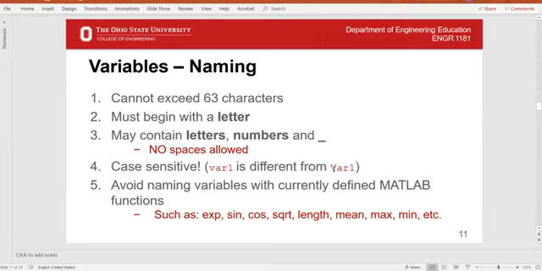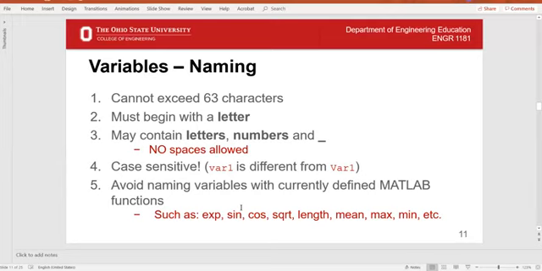There are also built-in functions in MATLAB that you need to avoid using when making your own variables, like exp, sine, cosine, square root, length, mean. MATLAB will give you an error if you try to use one of them in an assignment.